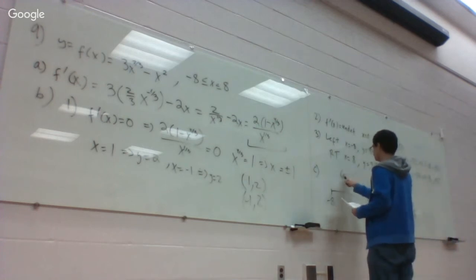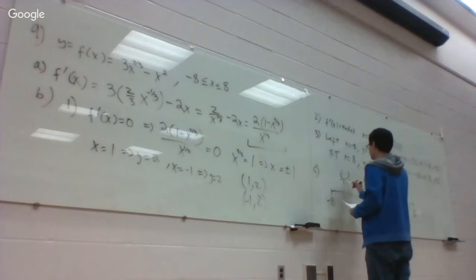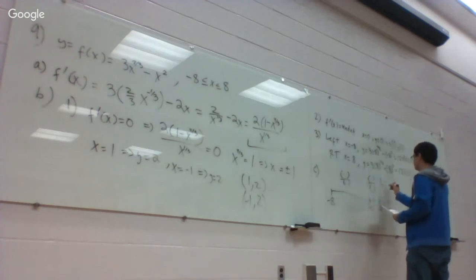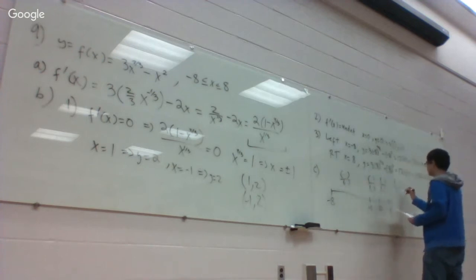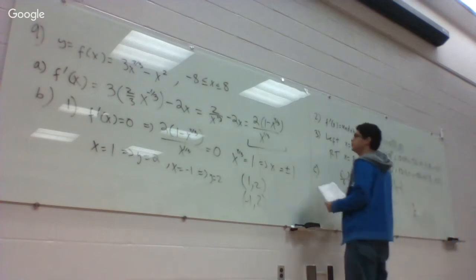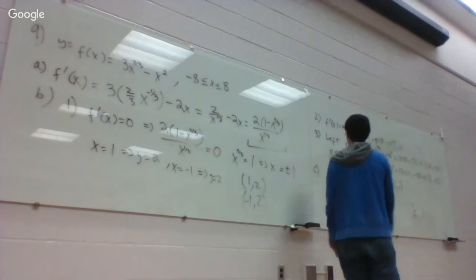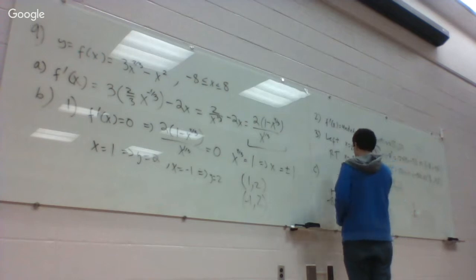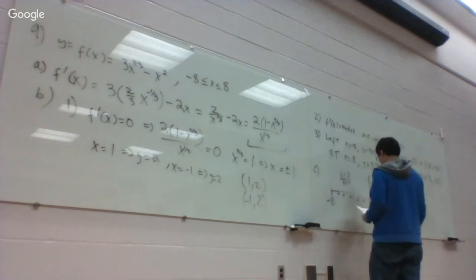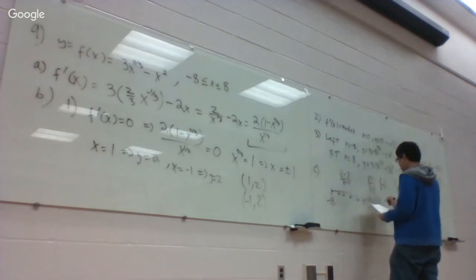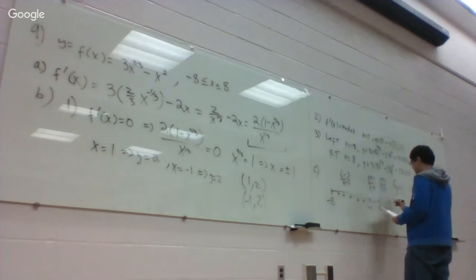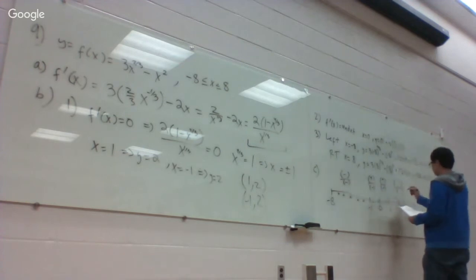So we test at each place. It's basically just taking random values from the left between negative 8 and negative 1. We have a negative over negative, which is a positive. Between negative 1 and 0, we have a positive over a negative, which is a negative. Between 0 and 1, positive over a negative, negative. And between 1 and 8, negative over a positive, which is negative.